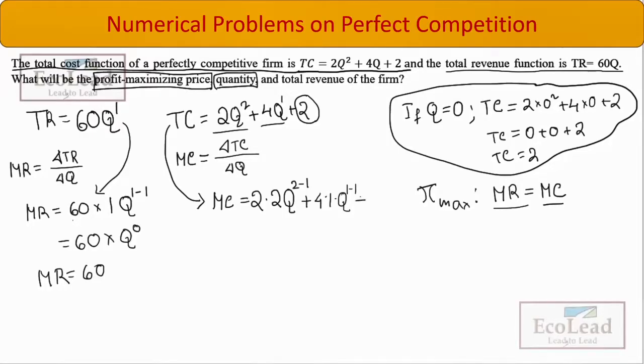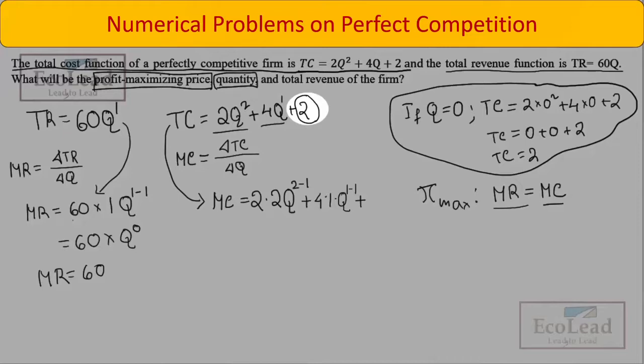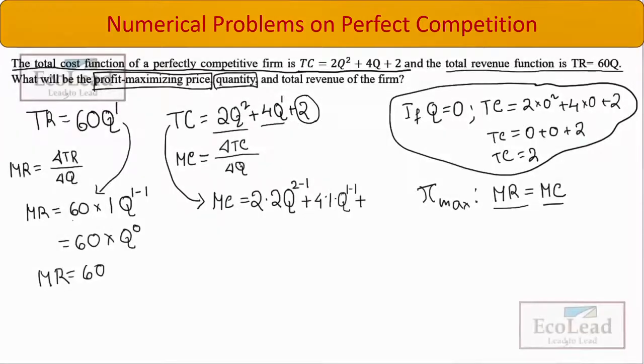And then we will write the derivative for the third term. Third term, what is written in the third term? 2. 2 is a constant. So if we take the derivative of a constant term, we know that it is 0. So it will be 0. So now let us simplify these terms. So here 2 into 2 means 4. Q to the power, here 2 minus 1. 2 minus 1 means 1.